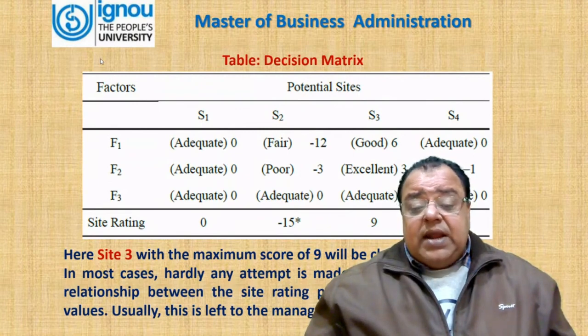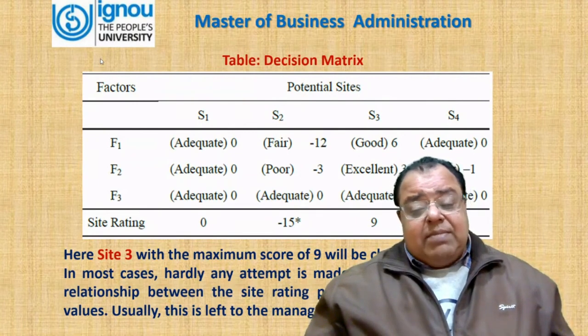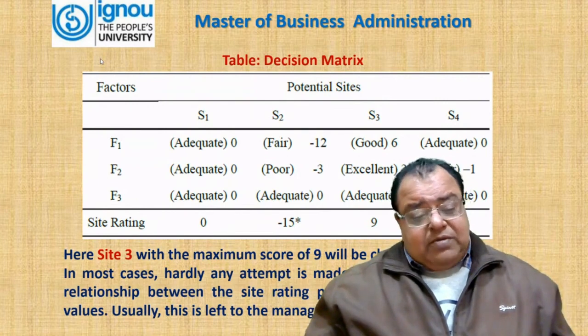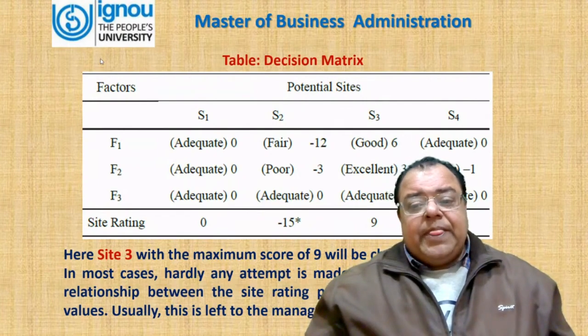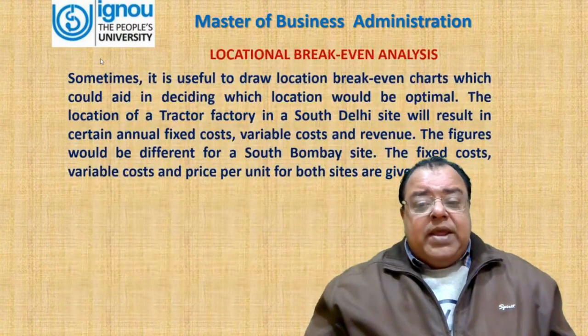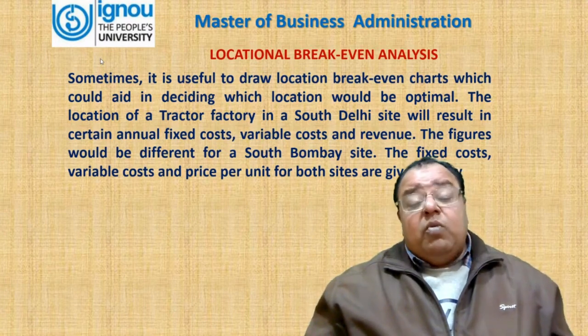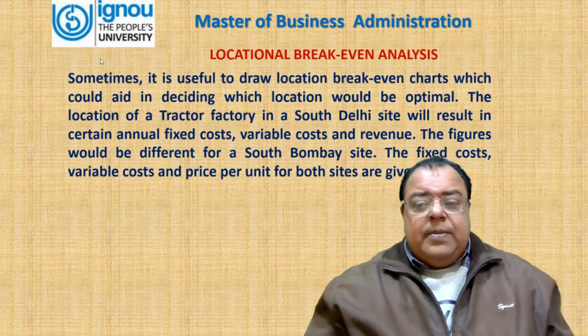In most cases, hardly an attempt is made to establish a direct relationship between the site rating points, value, and the cost values. Usually, this is left to the management. Location break-even analysis. Sometimes it is useful to draw location break-even charts, which could aid in deciding which location would be optimal.